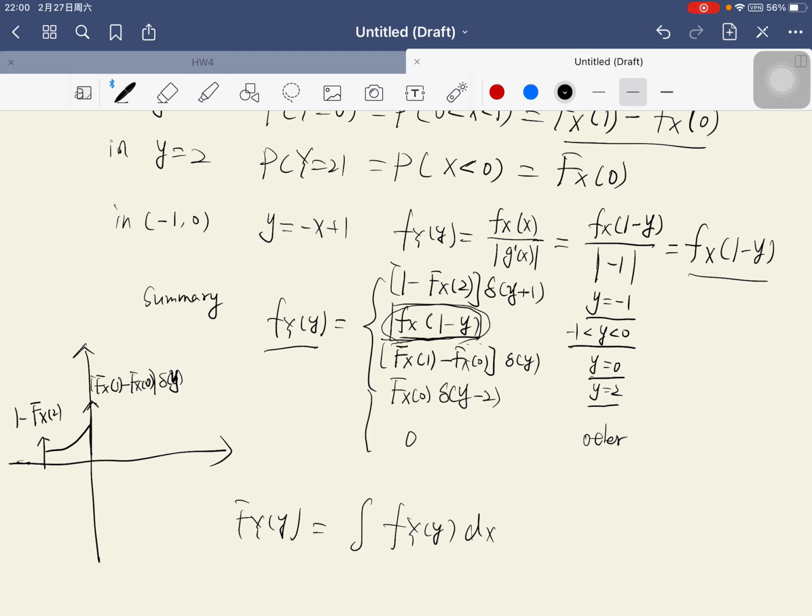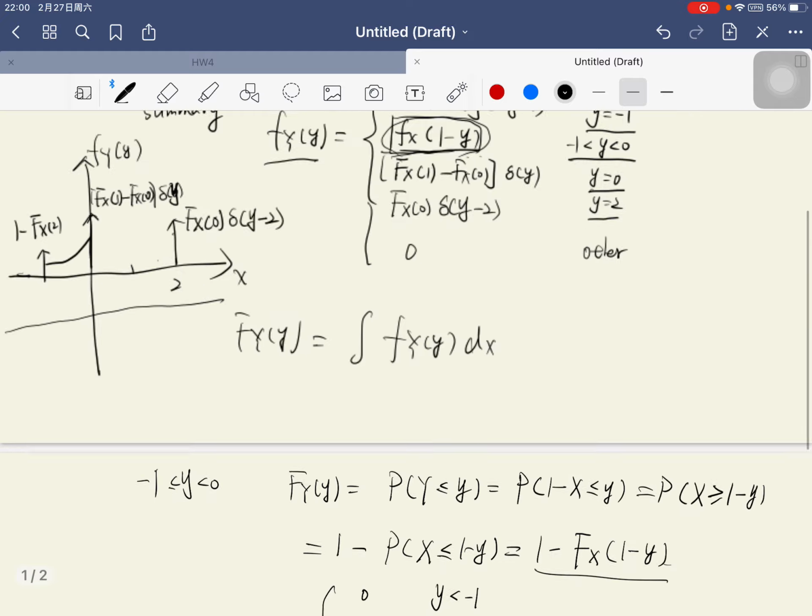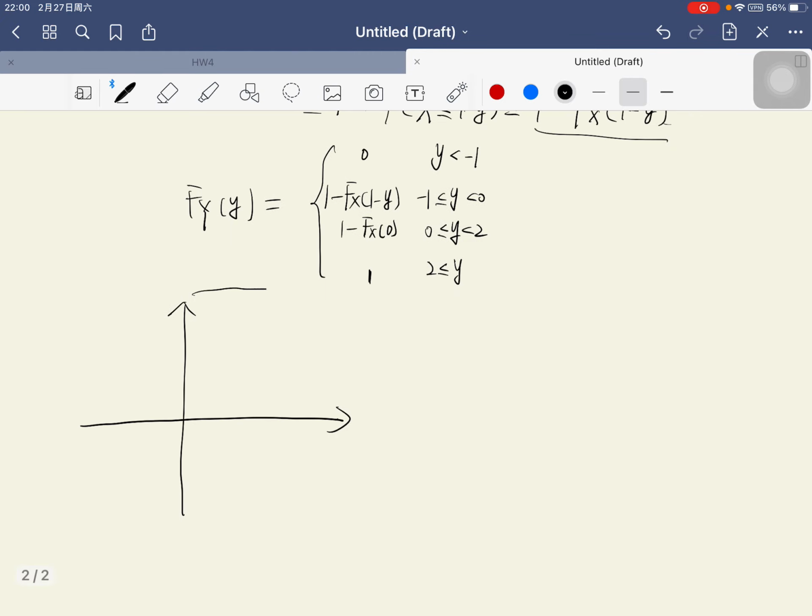It is equal to the value of the distribution function of x at value 0, times delta(y minus 2). So this is the graph of the density function of y, and we could use this formula to draw the distribution function.